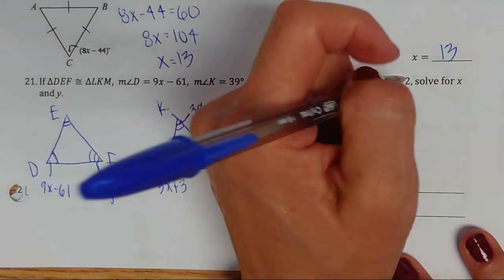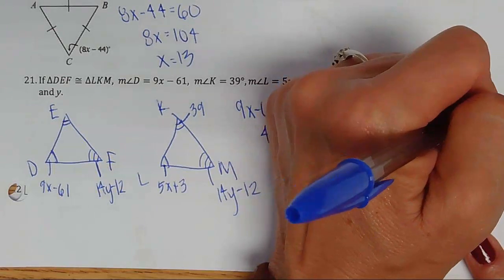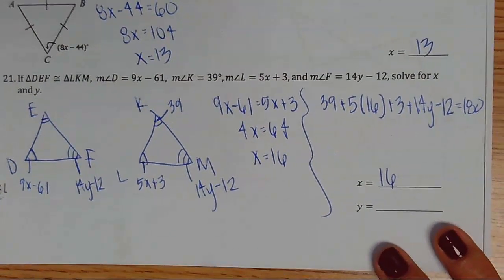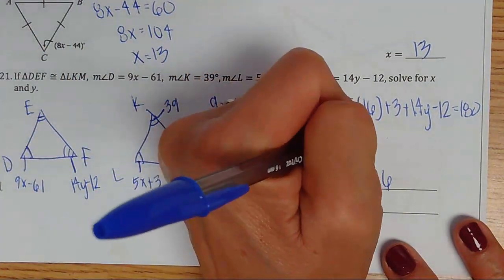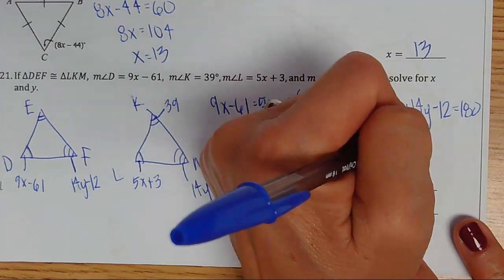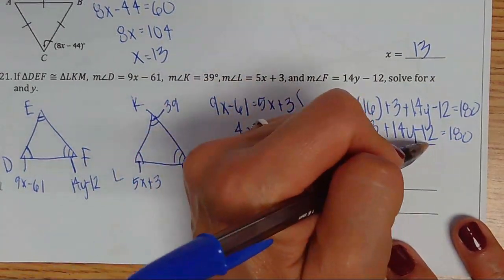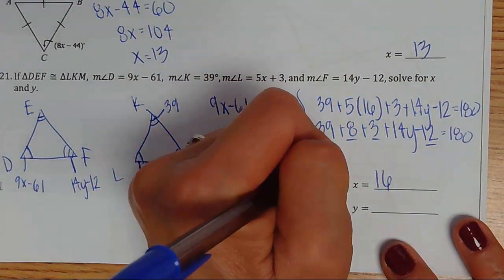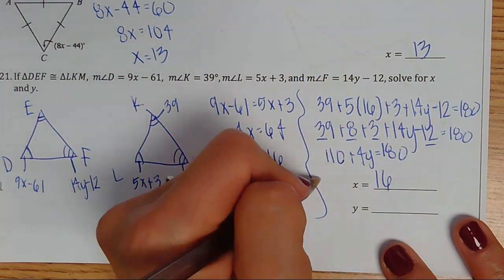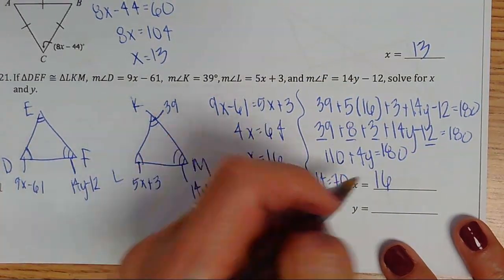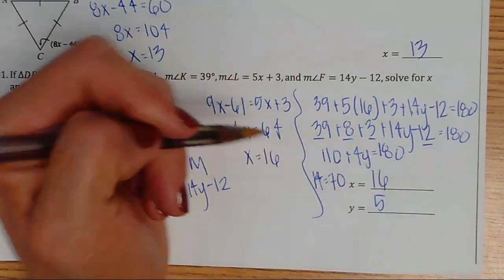Because I now know X, plus 3 plus 14y minus 12 all equals 180. I'll simplify and get 39 plus 80 plus 3 plus 14y minus 12 equals 180. And then I'll combine my like terms. So I'm going to have 110 plus 14y equals 180. 14y equals 70, and y equals 5.